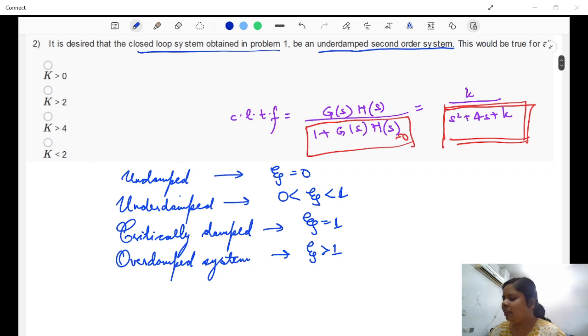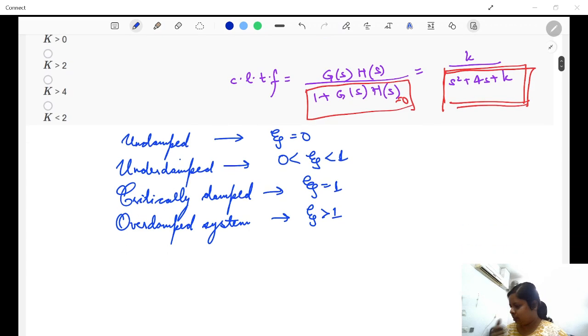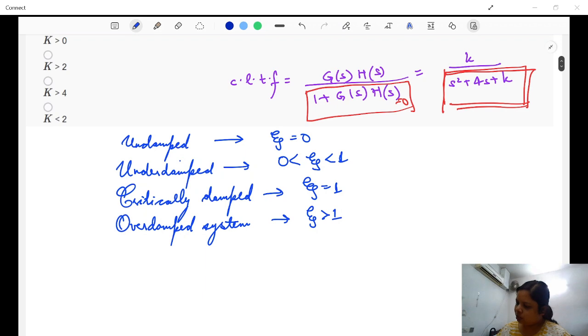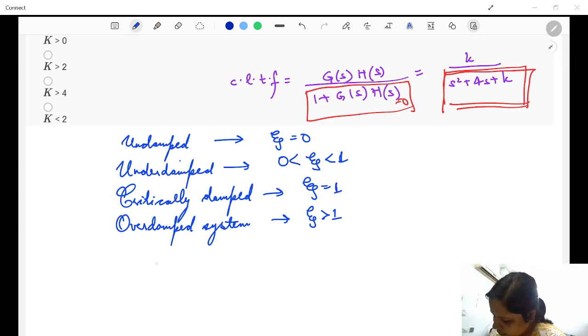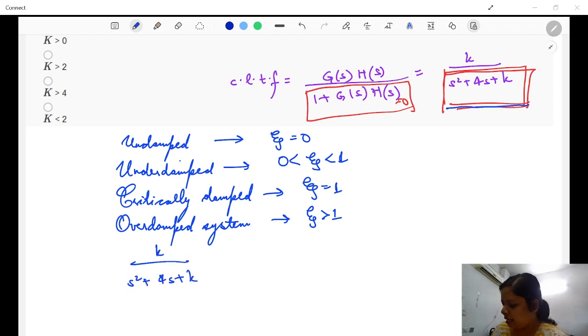The question says that this system should be an underdamped system. So for what values of k is it going to be an underdamped system? How are we going to answer? We already learned that this closed loop transfer function, which in this case is k upon s square plus 4s plus k, is equivalent to omega n square upon s square plus 2 zeta omega n s plus omega n square.